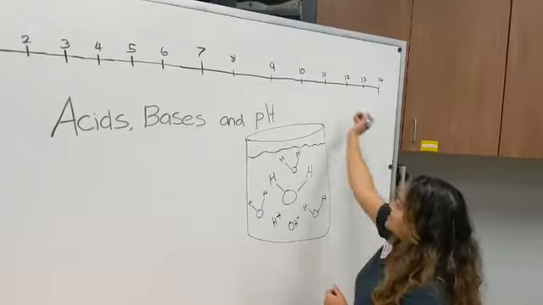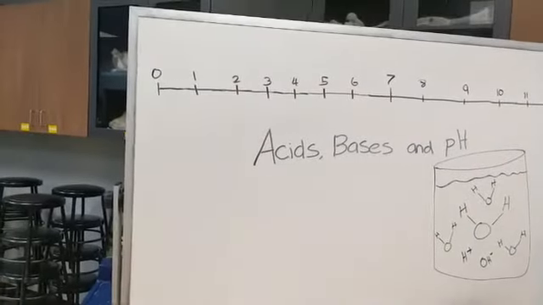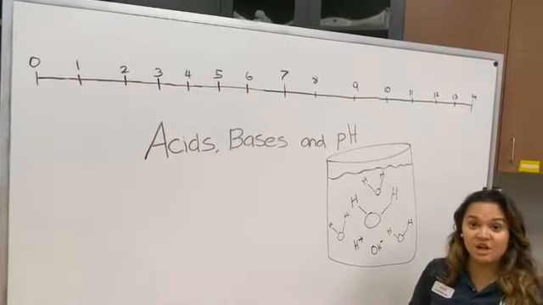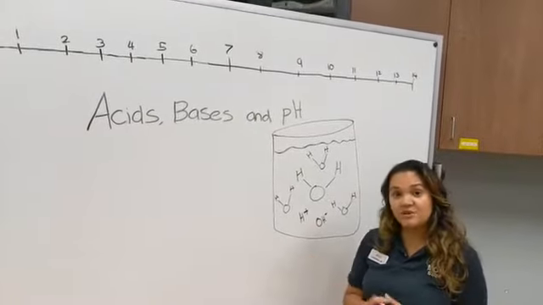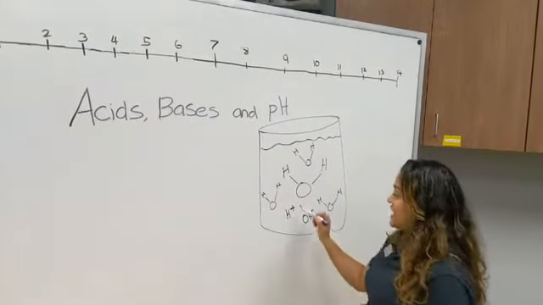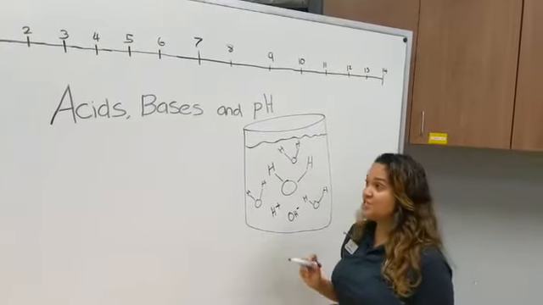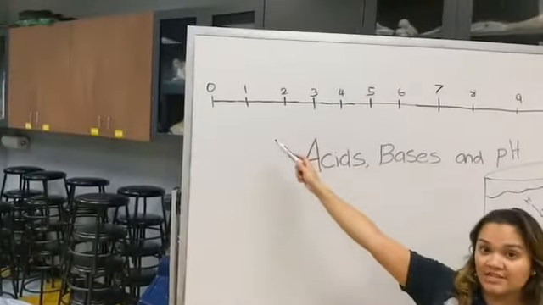So our pH scale is up there, and that tells us the concentration of hydrogen ions in something dissolved in water. So for us to figure out pH, that chemical has to be able to be dissolved in water. If it has a very high H+ or hydrogen ion concentration, then we say it is an acid, and it's on the lower end of the scale.